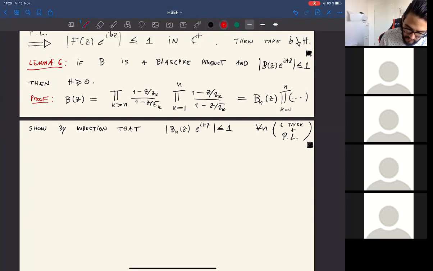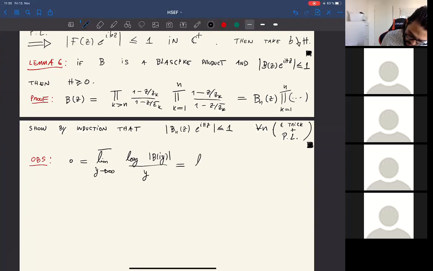So before we go to the proof, let's just observe that the lemmas show that if you have a Blaschke product, then 0 equals the lim sup when y goes to infinity of the log of B(iy) over y, and it is also 0.